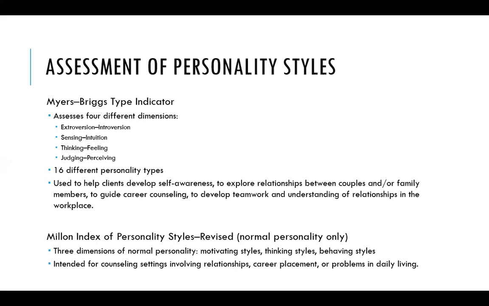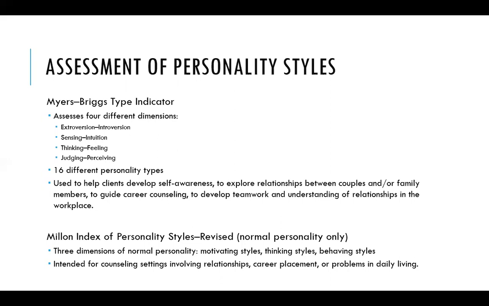So the Myers-Briggs Type Indicator assesses 4 different dimensions of personality. It has these bimodal dimensions, right, where you look at 2 different types for each one. So one of the dimensions it looks at is extroversion versus introversion.